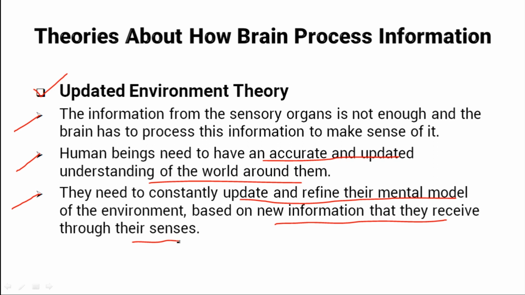Information is constantly updated based on our experiences and interaction with the world, and it helps us to create a meaningful and coherent model of the world around us. So both sensory information and prior knowledge are important to create an accurate and updated model of our environment.